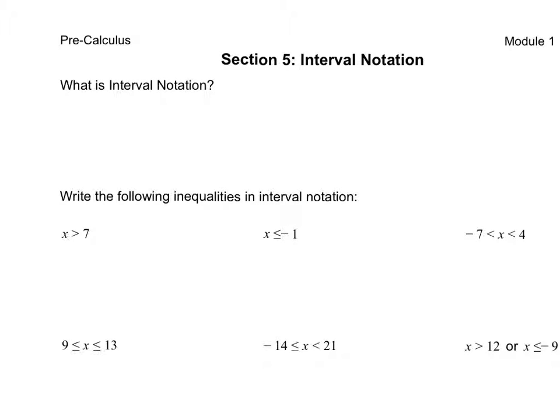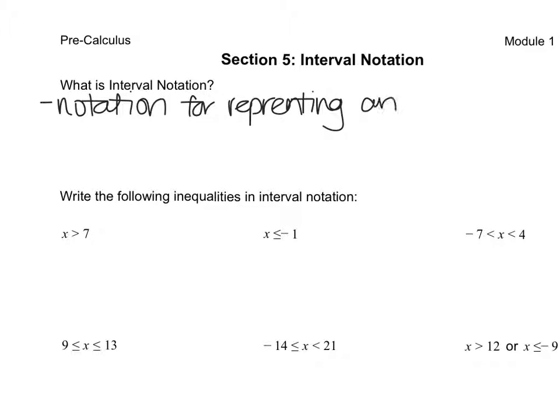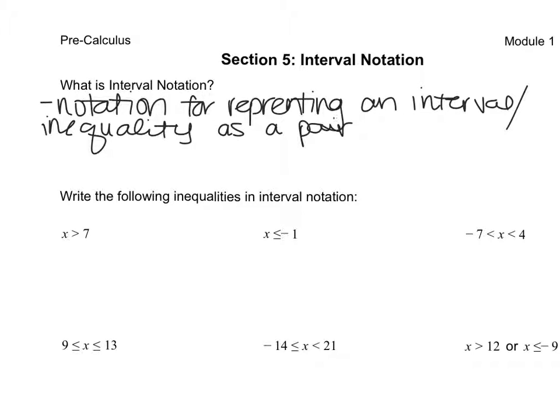So in section 5, the last section of module 1, we're going to talk about interval notation. And first we have to actually define what interval notation is. It is a notation for representing an interval, or an inequality is how we're mostly going to see it, as a pair of numbers.